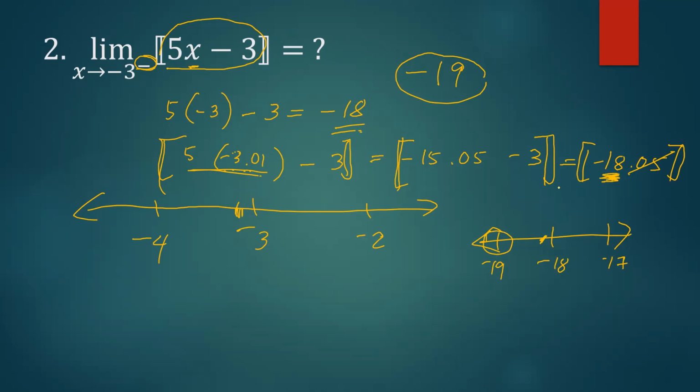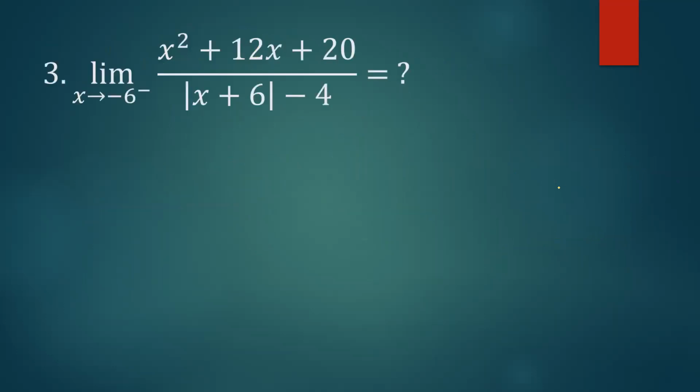Okay, let's have number 3. What is the limit of this as x approaches -6 from the left? Okay, I will fast forward our timer again. Okay, so meron tayong x plus 6, which is actually a piecewise function.